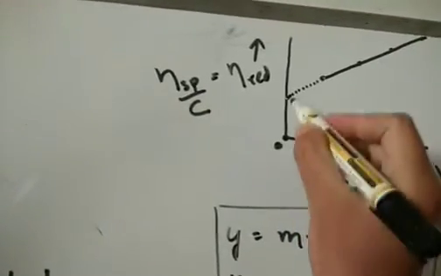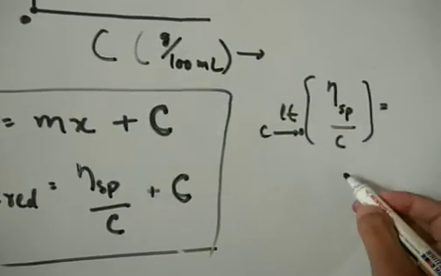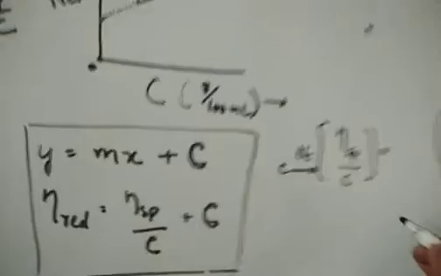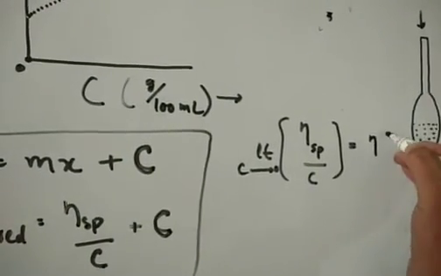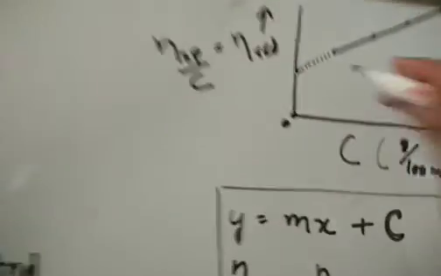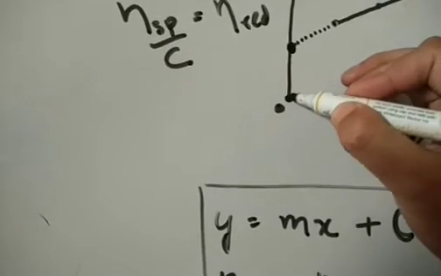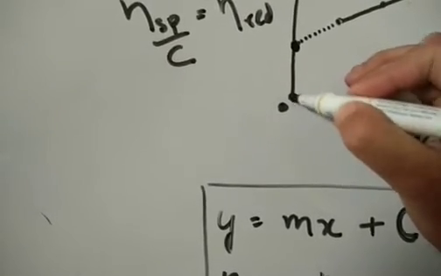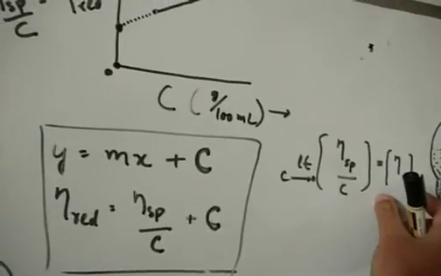So the value we get there is basically called your intrinsic viscosity. So then you have a new term called intrinsic viscosity. After extrapolating this graph, the viscosity of solution which you will get at zero concentration is basically called the intrinsic viscosity.